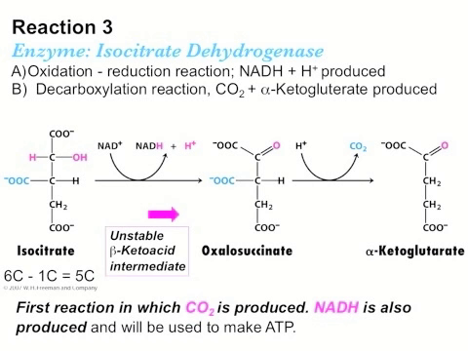This forms an unstable beta-keto acid intermediate, oxalosuccinate, which will rapidly become decarboxylated to form alpha-ketoglutarate and carbon dioxide. And so this is the first reaction in which carbon dioxide is produced and in which NADH is also produced. This NADH is a reducing equivalent that will be used to make ATP.